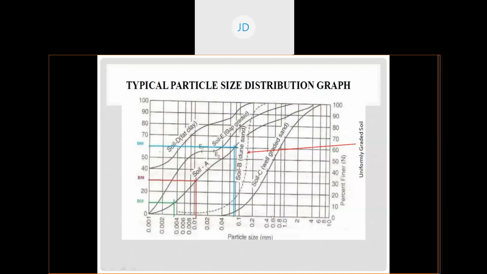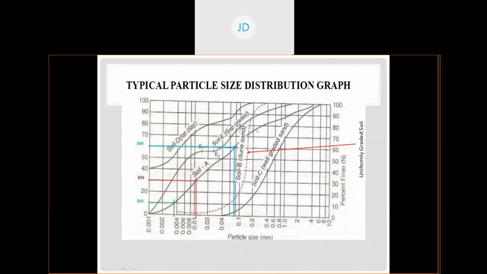That means 50% of the total soil has sizes finer than or smaller than 0.5 millimeter. Like that, we can understand the different sizes of soil present in a particular soil mass.